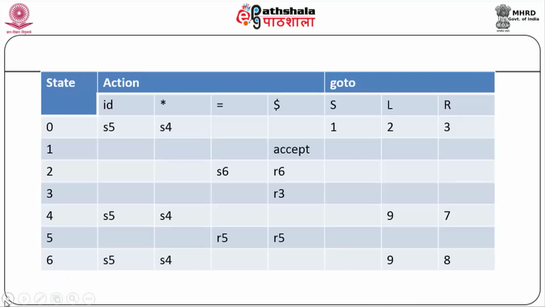Where we had around 14 states from 0 to 13, I have now merged and represented it as a single state entry. I have not shown it here as 3, 6 and 4, 7 as we did in the earlier example. I have done it from scratch, where I am combining and showing you the LALR parsing table as though it is going to be developed as a fresh one.